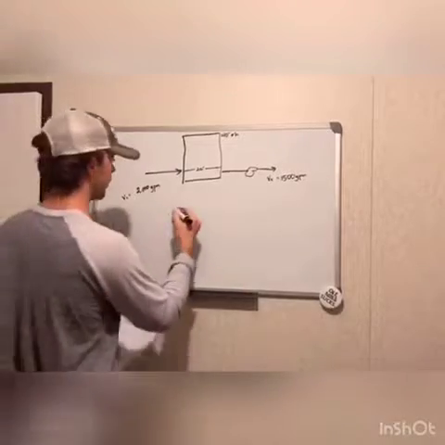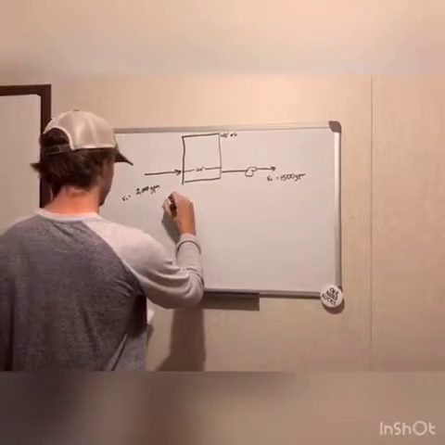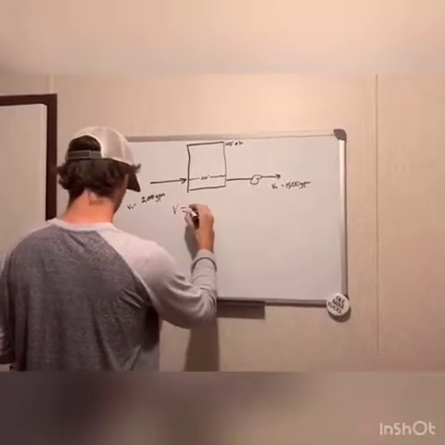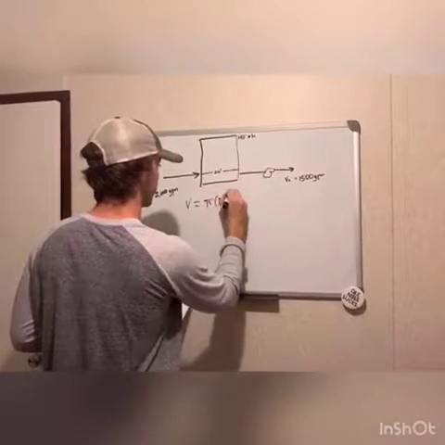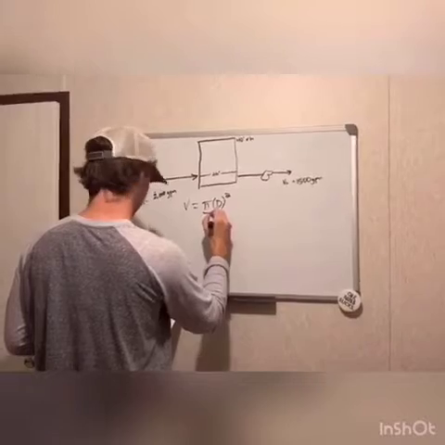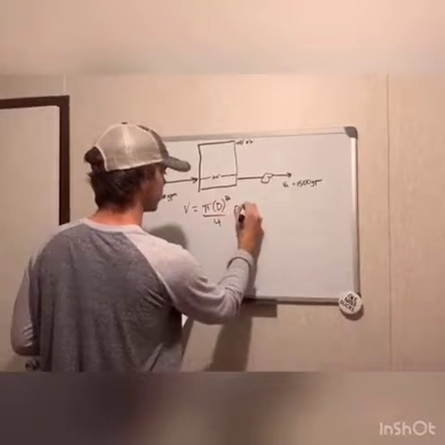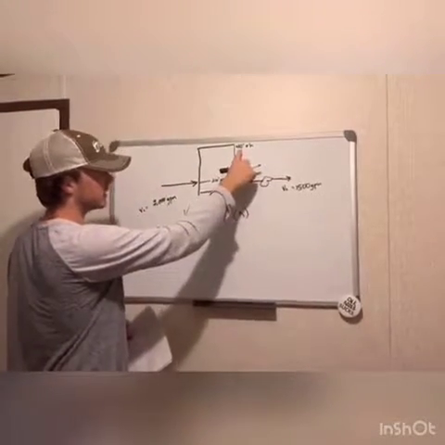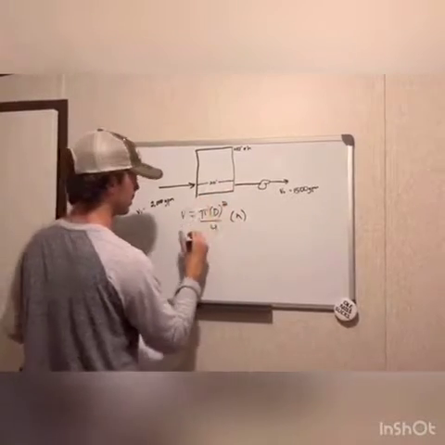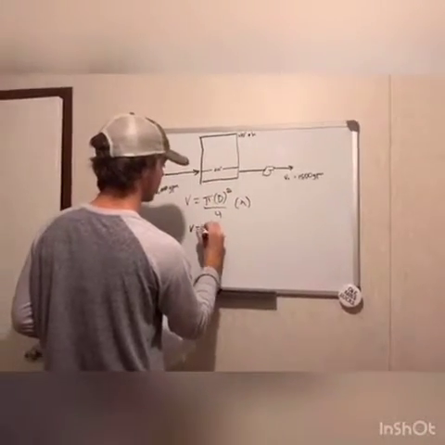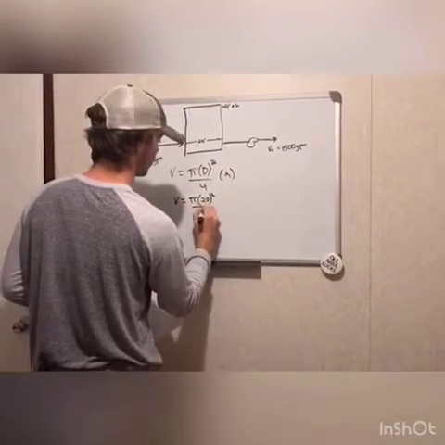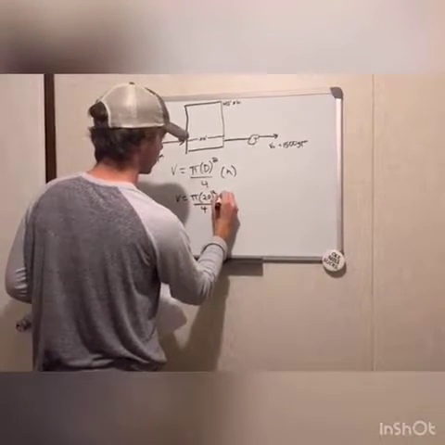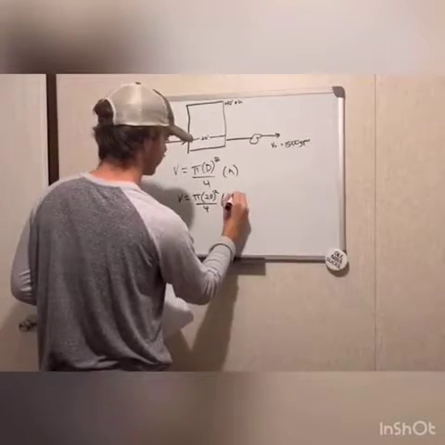You use the formula for the volume of the cylinder, which is V equals pi times diameter squared over 4 times the height. The height is 40 foot and the diameter is 20. So you have V equals pi times 20 squared over 4 times 40.